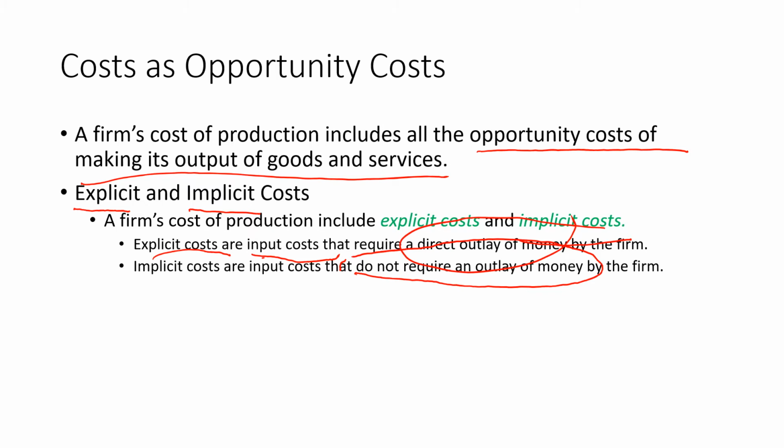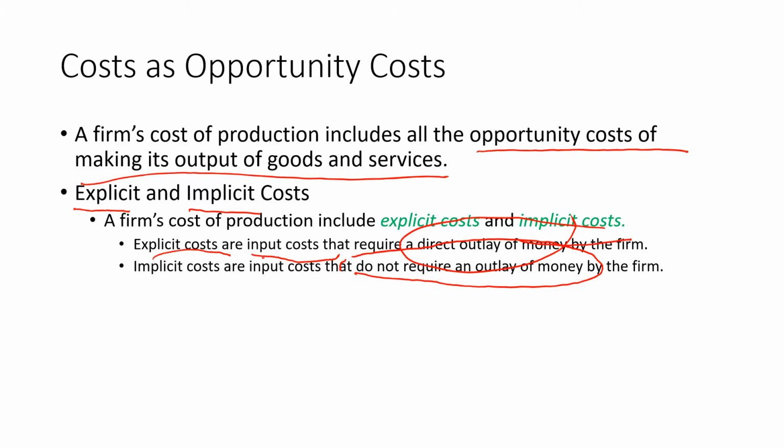But what if instead of producing laptops, the firm produced TV screens, and for the production of TV screens they might have used these same resources and earned something different? So that is the implicit cost, that is not directly counted as cash, but an opportunity cost.